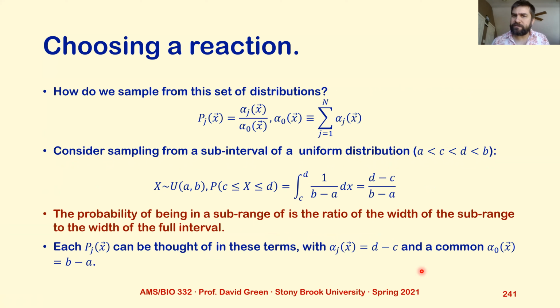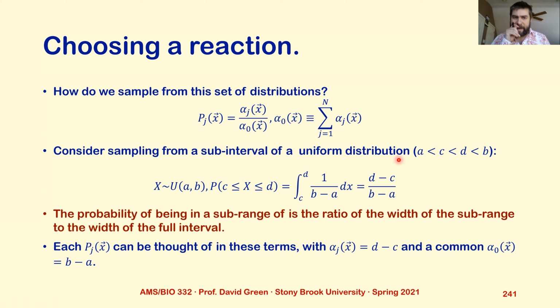How do we sample from this? How do we actually use a random number to figure out what reaction? Well, let's focus on noticing that the denominator is a sum over all of the numerators, right? So essentially the denominator is just all of the individual rates added up, and the numerator is each of those individual rates. We can also think about how we would sample from a subinterval of a uniform distribution.